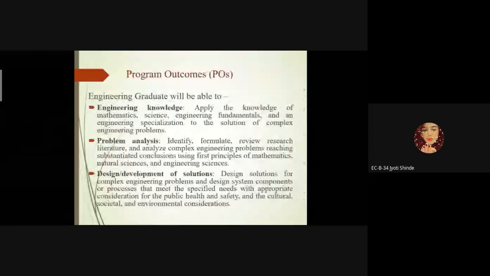There are 10 program outcomes. Based on these 10 outcomes, we can develop our abilities. We can develop ourselves in these 10 program outcomes. That's why we have to study and adapt the various program objectives.